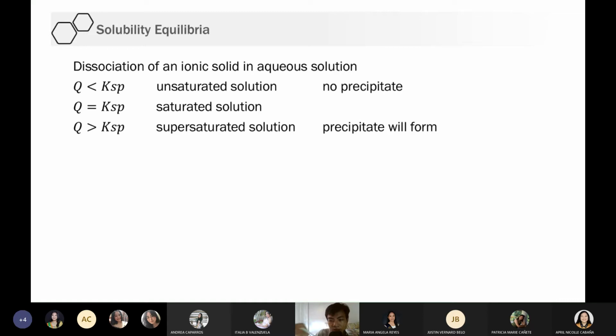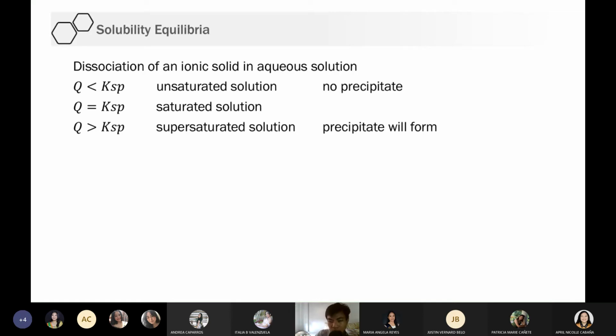Initially, kapag onti lang yung nilagay mong ions, hindi pa ma-form yung crystals. However, kapag sumobra na yung ions na nilagay mo, you reach the threshold, yung Ksp. Pag marami ka na nilagay na ions, lumagpas ka na sa Ksp value, doon ka na mag-form ng precipitates. So, imagine nyo na lang yung sugar analogy natin.